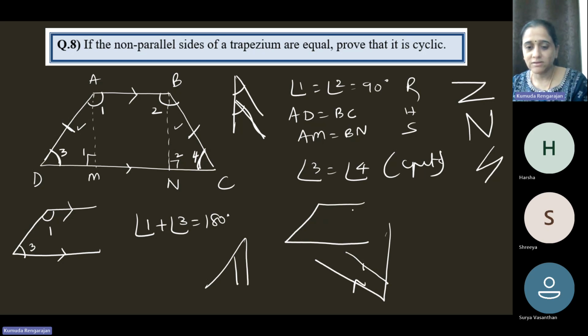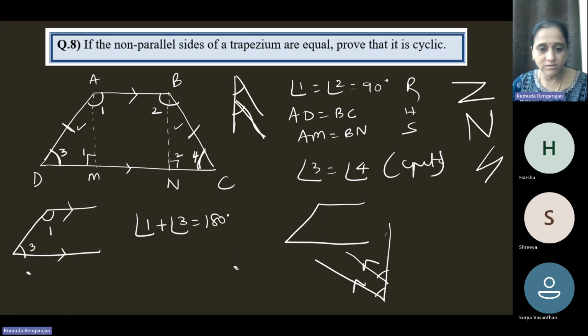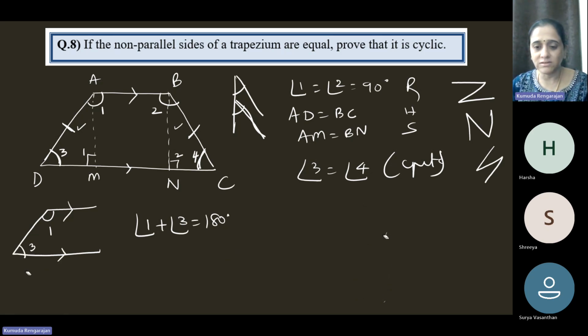Or it can be like this also, so parallel lines, transversal. This angle is equal to this angle, corresponding angles. So corresponding angles always in F. Z, alternate angles. C, allied angles. So in this formation, two lines must be parallel.